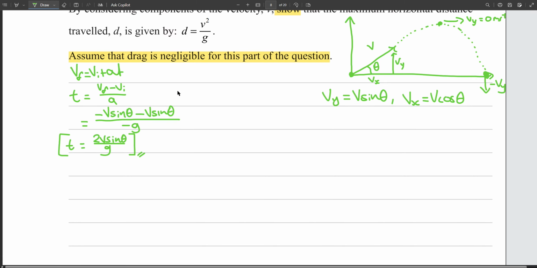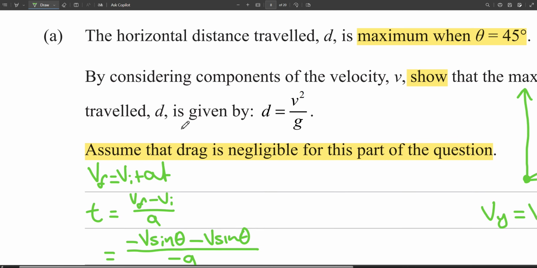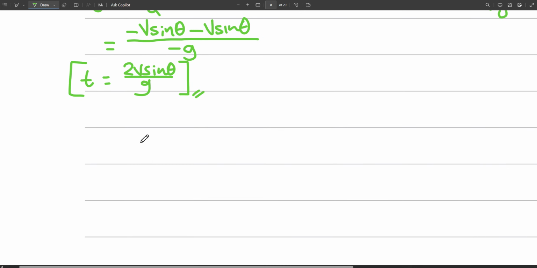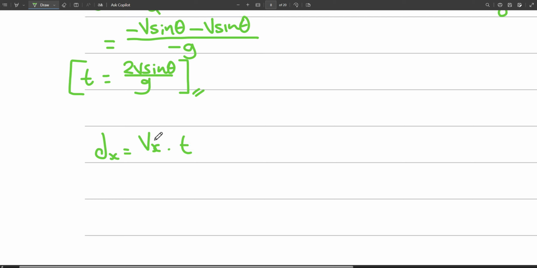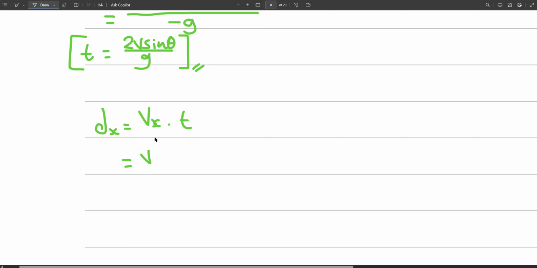And our next step is to now find the horizontal distance because that's what we need to find and show. So dx is equal to vx times time, right? And our horizontal velocity was v cos theta times 2v sine theta on g.